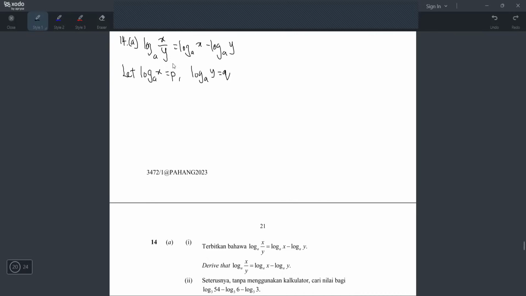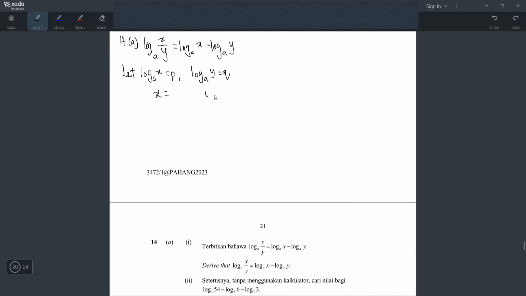But I recommend don't use x and y, because x and y already exist in the formula. So use any alphabet except x, y, and a. So I let log x base a equal p, and log y base a equal q.